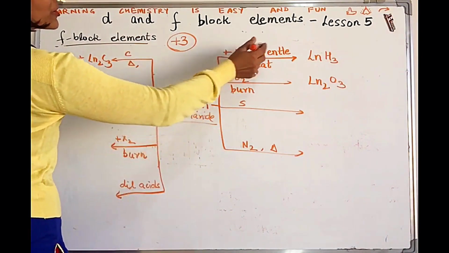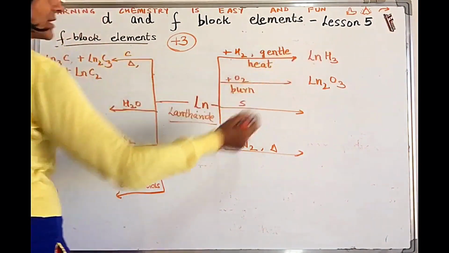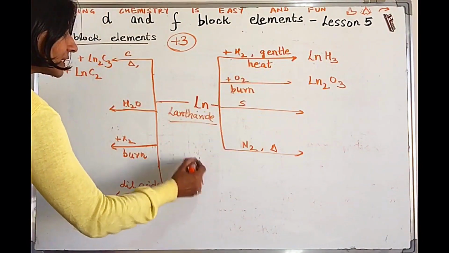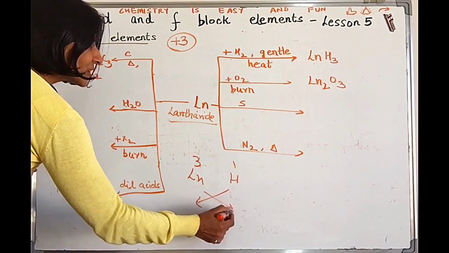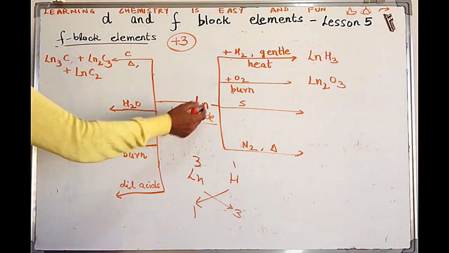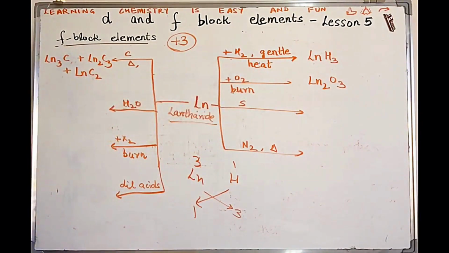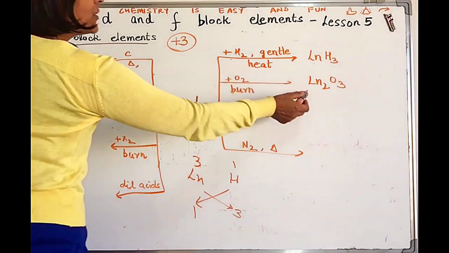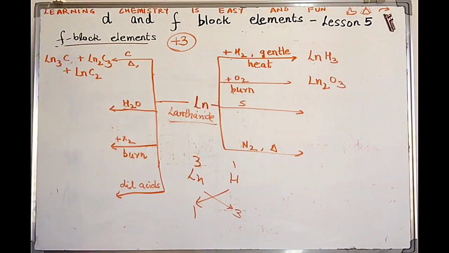Lanthanide with hydrogen on gentle heating gives you LnH3: hydrogen valency 1, lanthanide valency 3, cross. Yes, go back to your class 7, class 8, that is how we used to write the formula. Lanthanides burnt in oxygen, or oxidized by the oxygen of the atmosphere, lose their luster. Ln2O3. With sulfur, what is the valency of sulfur?